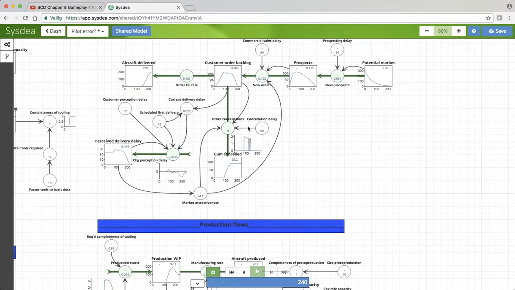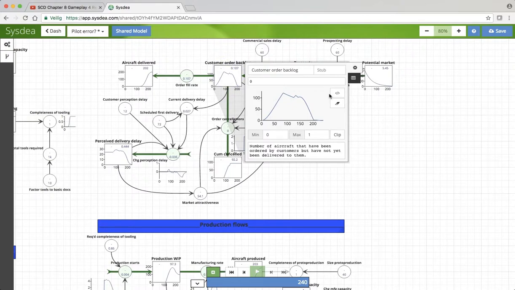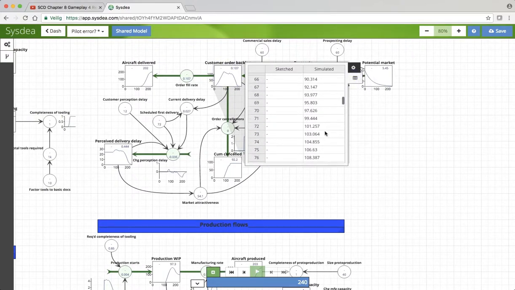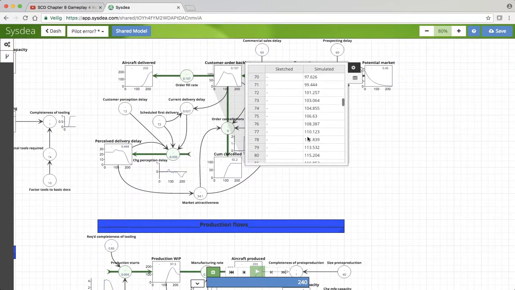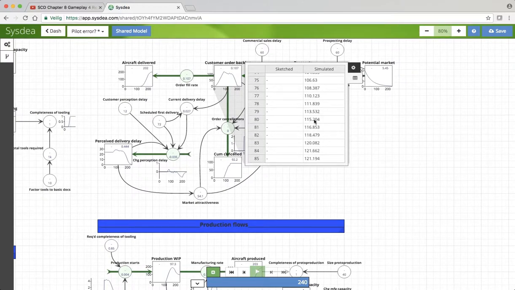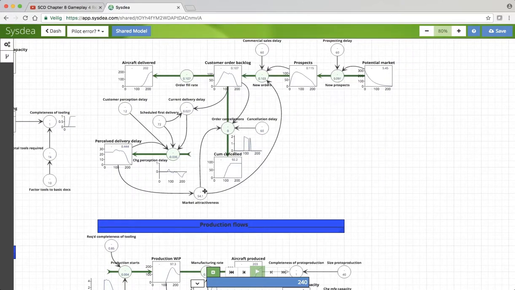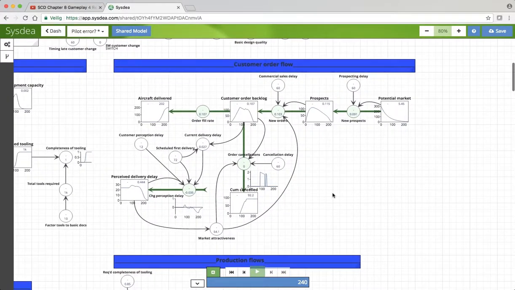And the multiplication of the two leads to this considerable drop after week 72. You see here it peaks at around month 84, and then it drops off again, as I said, because of the combination of the market attractiveness and the declining number of prospects. So that's the story for the customer order flow.